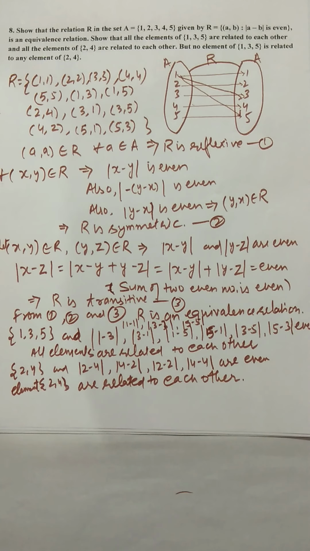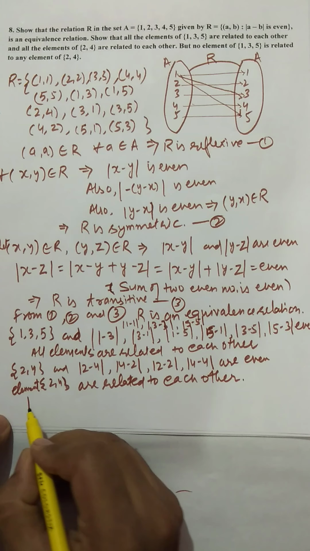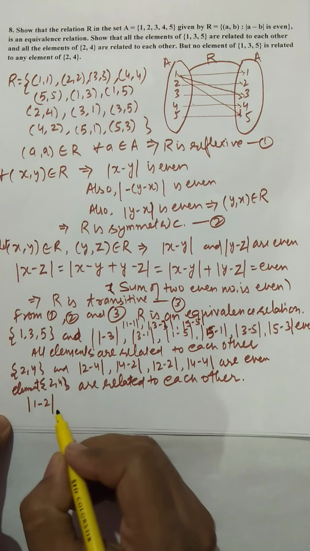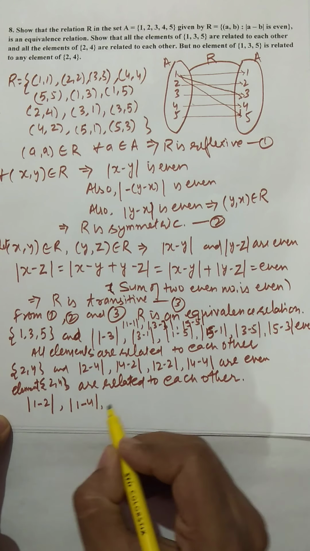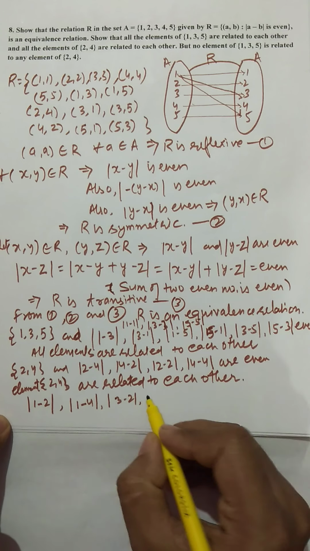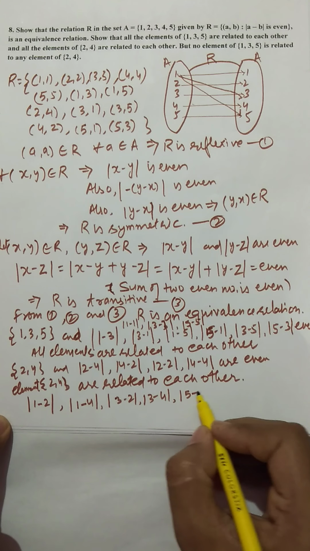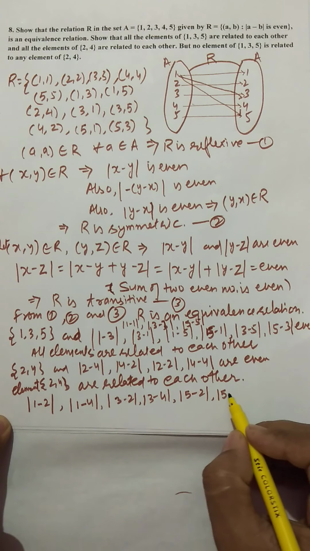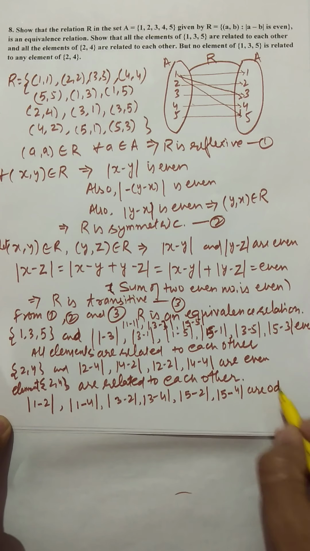Next you have to show that no element of 1, 3, 5 is related to any element of 2, 4. It means simply, now you can see that 1 minus 2, 1 minus 4, 3 minus 2, 3 minus 4, 5 minus 2, 5 minus 4, these are all odd.